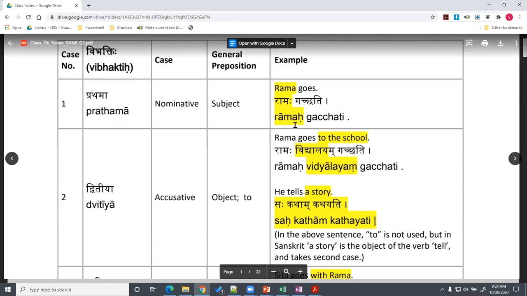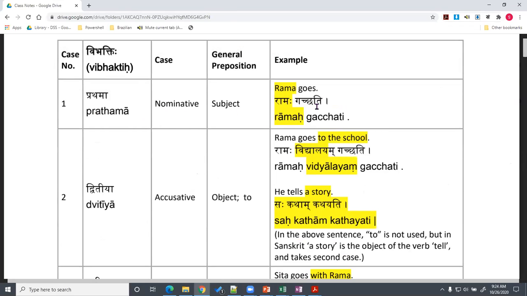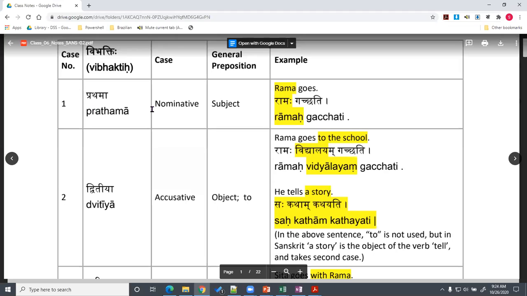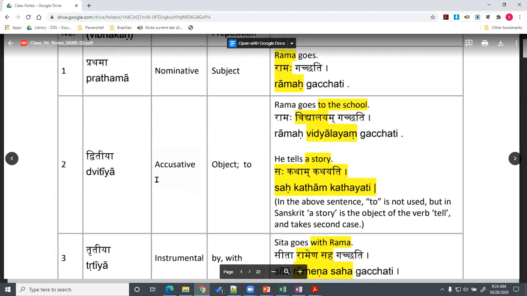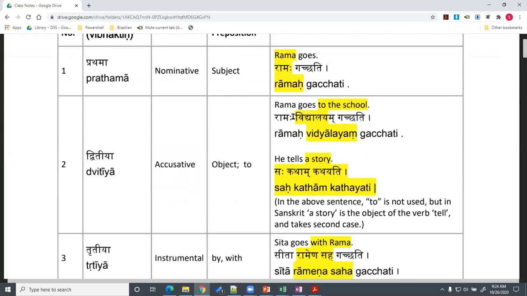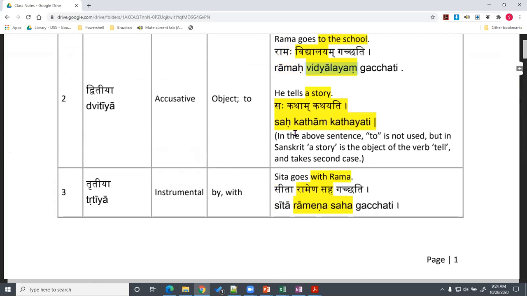So Prathama is the subject, like Ramaha Gachati, the first case, nominative. The second case, accusative, is the object. Rama goes to the school. Vidyalayam Gachati, so Vidyalayam comes in the second case.